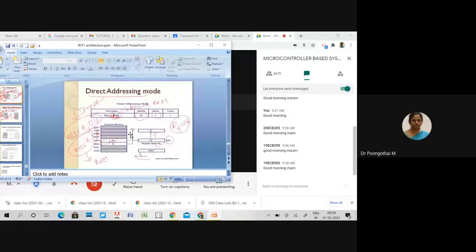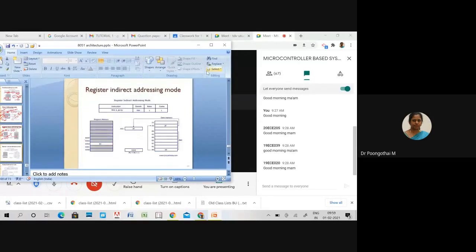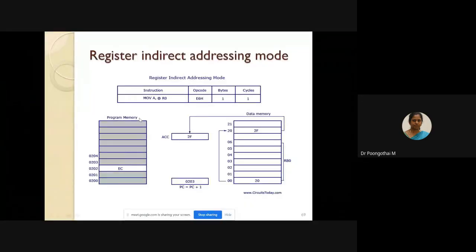So we have seen three: immediate addressing, direct addressing and register direct. Next, register indirect. In this addressing mode, the address of the data is given in the register operand. Look at this example: MOV A, @R0.